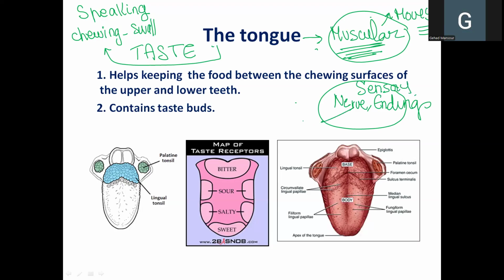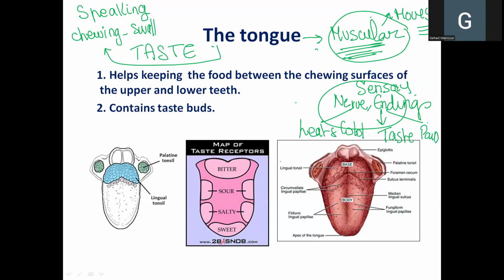Of course, there are sensory nerve endings for heat and cold, so you can feel if the food is very hot or if the food is cold, but there are also sensory nerve endings for taste. There are sensory nerve endings for pain if the tongue is injured.